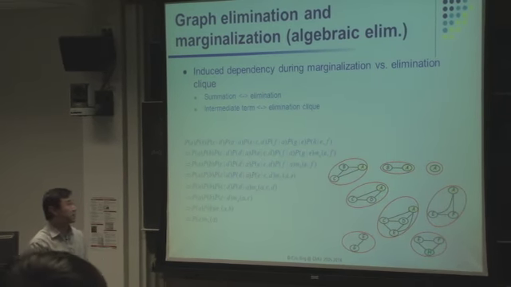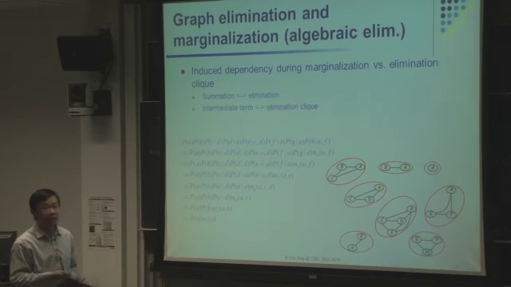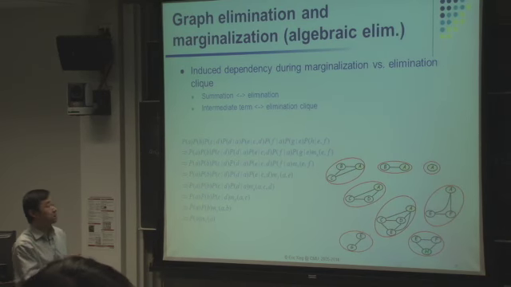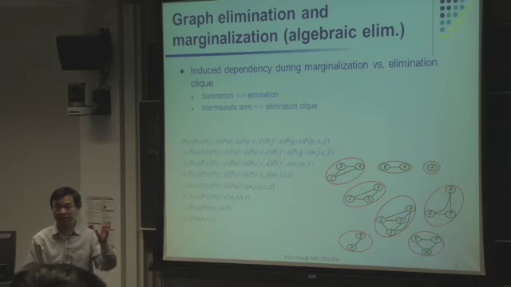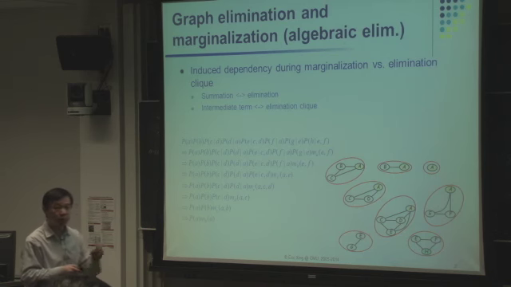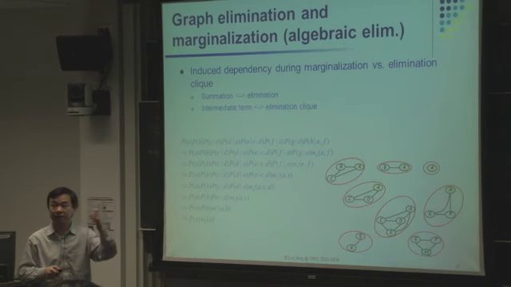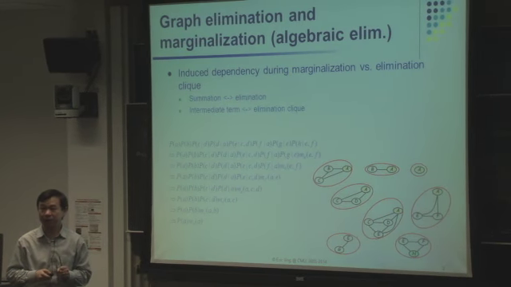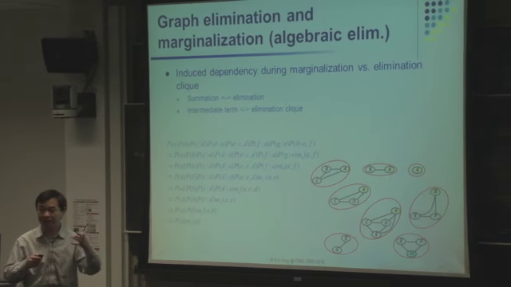And then we say that this algebraic elimination can also be captured by a graph elimination, in which the elimination is defined by a certain operation, which is to remove nodes and tie together the neighbors of that node and record that intermediate product.